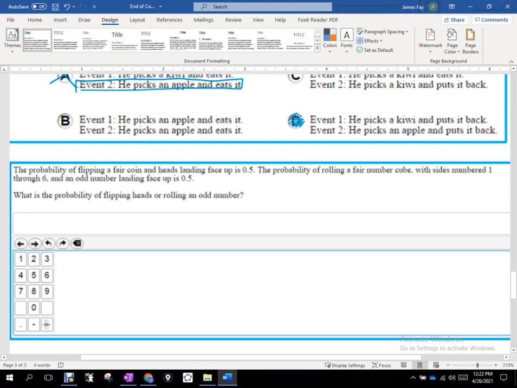Okay. This is a wordy question, but think about what this says here. It says the probability of flipping a coin and landing heads is 0.5. Okay? So probability of getting heads is 0.5. The probability of rolling a fair number cube with sides 1 through 6 and an odd number landing face up is 0.5.